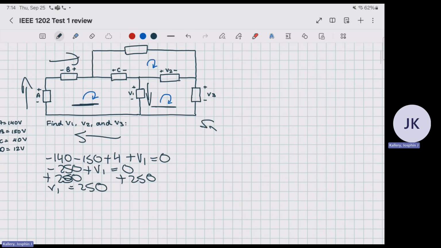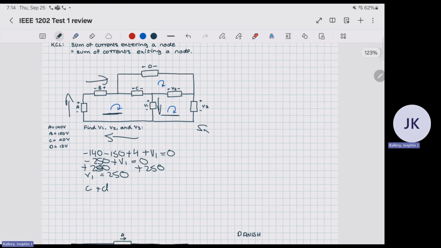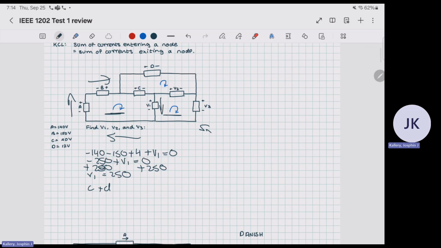So we have C plus D. Hold on, let me just zoom out. We're going to enter through, sorry, it's negative C. Negative C plus D, and then minus V2.